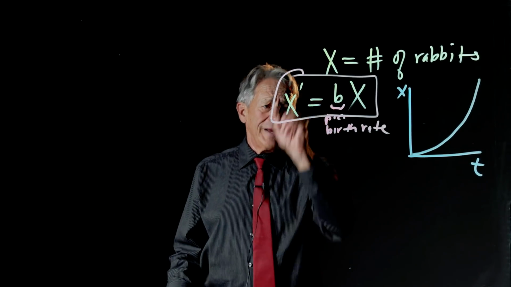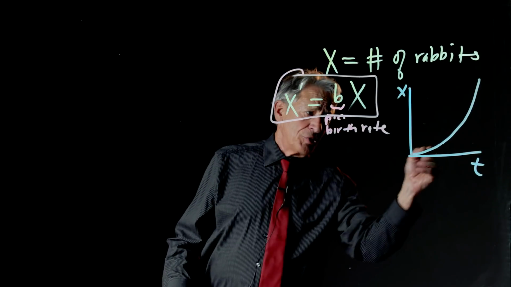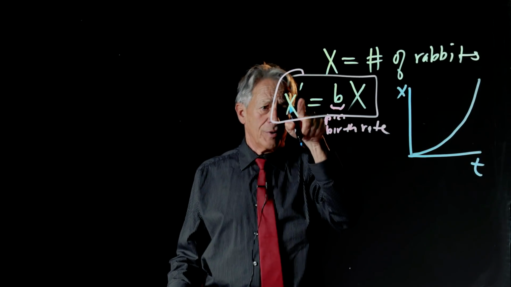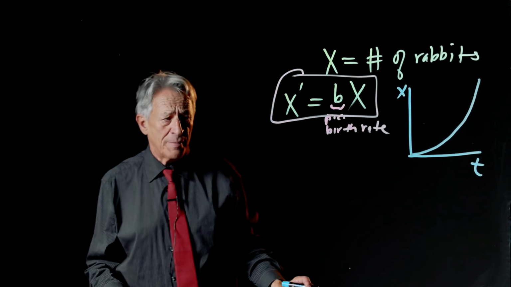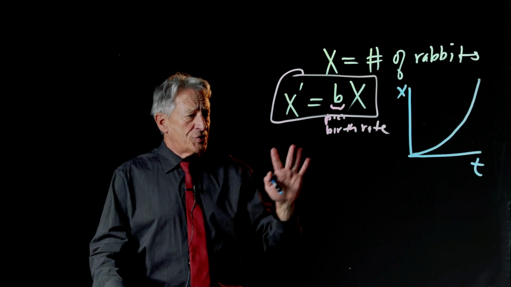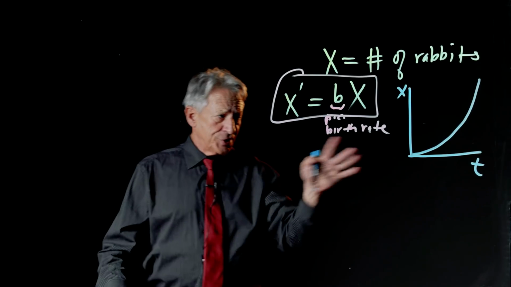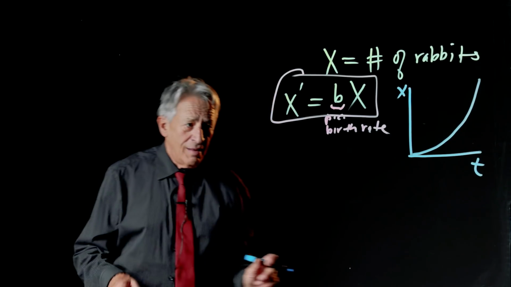And the rate at which it's changing is also going to get bigger and bigger, because the rate at which it's changing is proportional to the current population. So this is the prediction of this model.